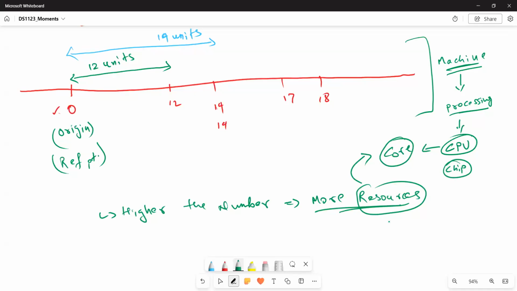If you use more cores the calculations will be faster, but if the numbers are higher, it will be comparatively slower. It will consume a lot of time in the calculations that you're going to do, especially in machine learning.